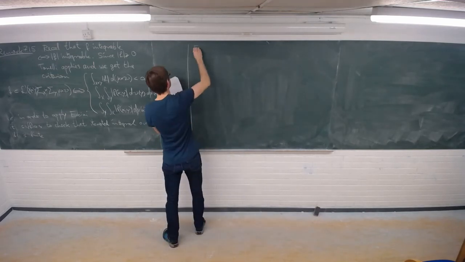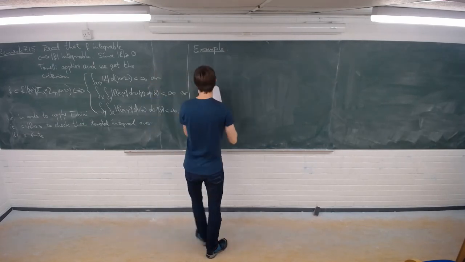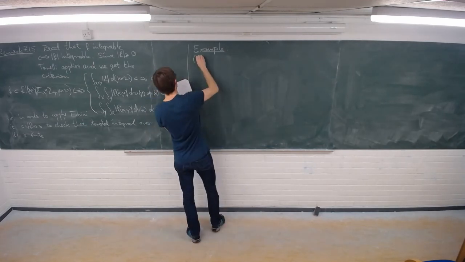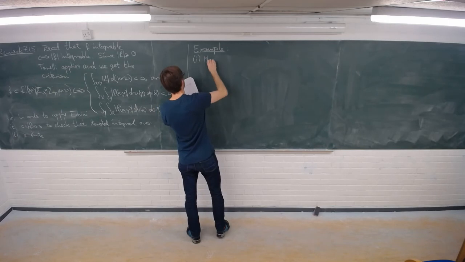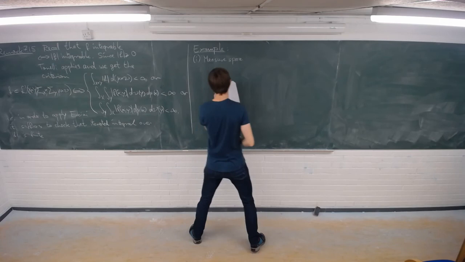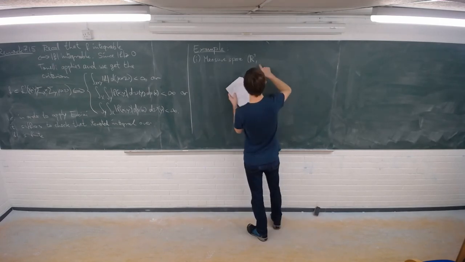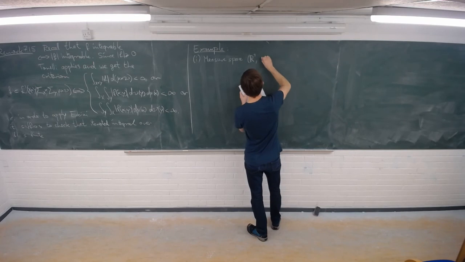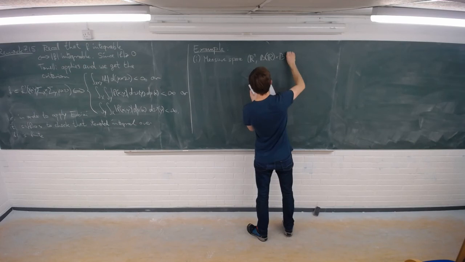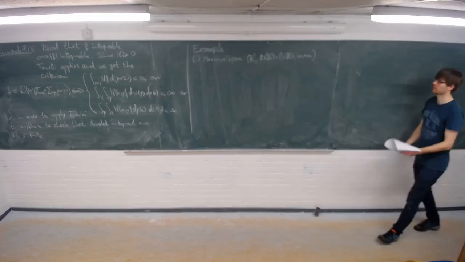So the measure space we're considering is R2 together with the Borel sigma-algebra of R times the Borel sigma-algebra of R, and the product of the Lebesgue measure with itself.